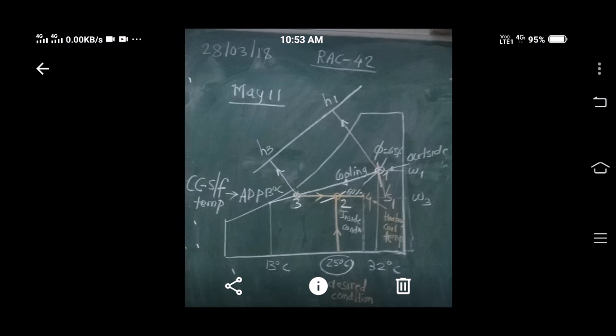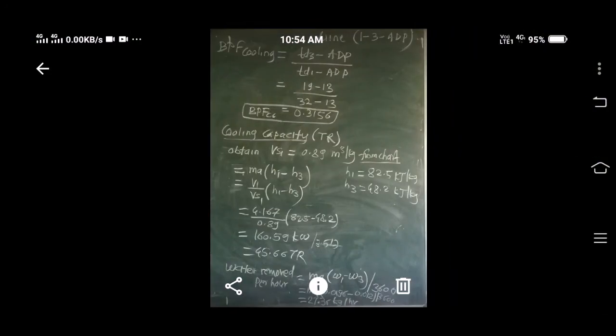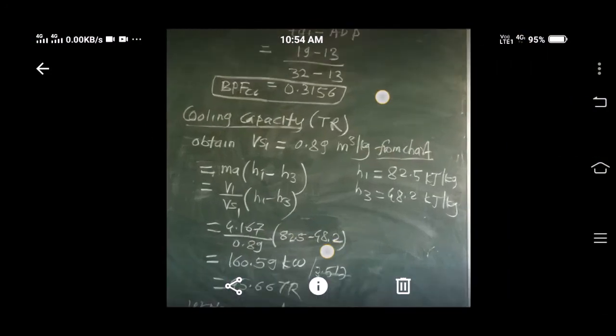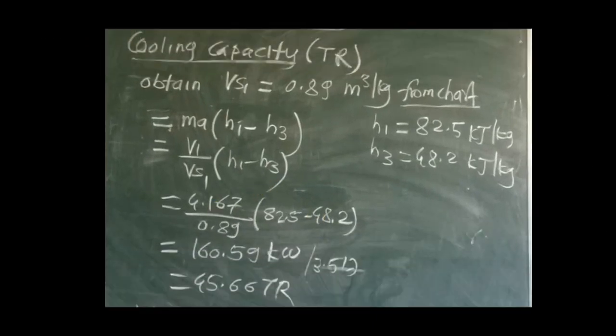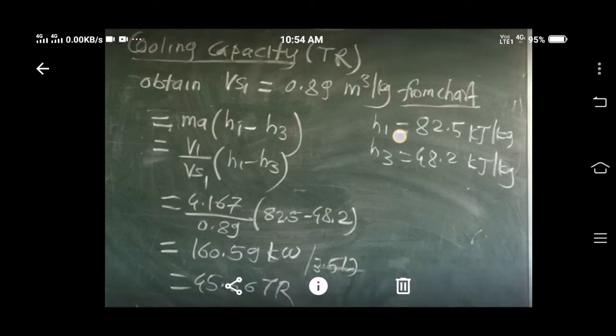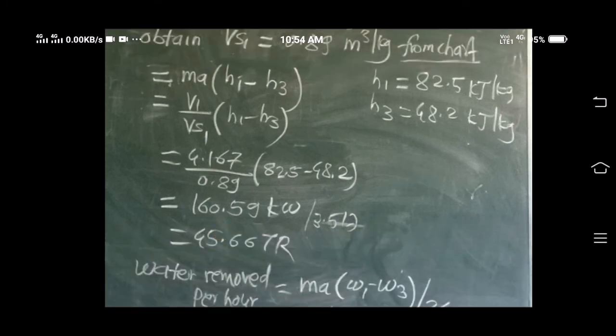Dividing 15,000 by 3600, that value we get. That value we use here, V1 upon VS1, and these are enthalpies H1 and H3 from the chart. By putting, we get first of all the answer in kilowatt, divided by 3.517, we can convert that into TR, ton of refrigeration.